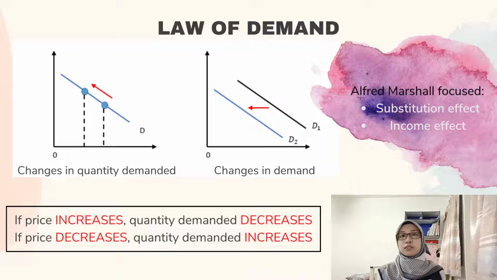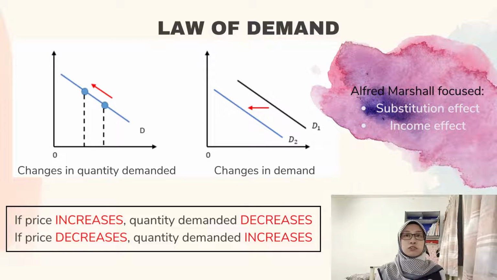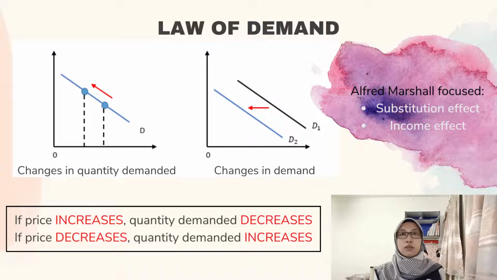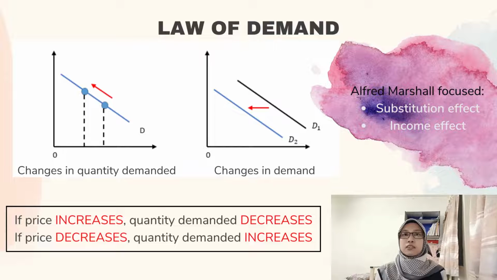That is, when the price increases, quantity demanded will decrease, and if the price decreases, then quantity demanded will increase. Marshall chose to ignore the inconsistency he introduced by assuming that the purchasing power of money is constant. When the price of a product falls, two effects are at work that increase the quantity purchased. Marshall focused on two, which are the substitution effect or the relative price effect, and the income effect.